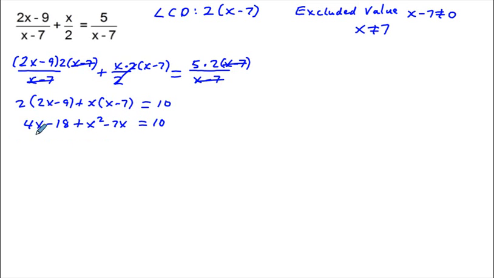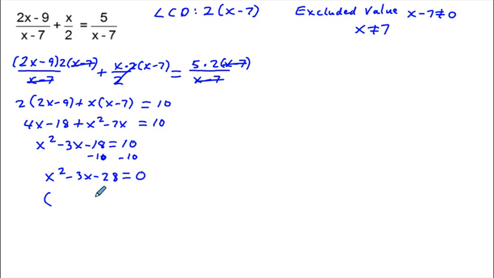And combining like terms on the left side, we have x squared, and negative 7x plus 4x is going to be minus 3x, and we're going to have minus 18 is equal to 10. And solving for 0 on the right, subtracting 10 from both sides of the equation, we're going to have x squared minus 3x minus 28 is equal to 0.